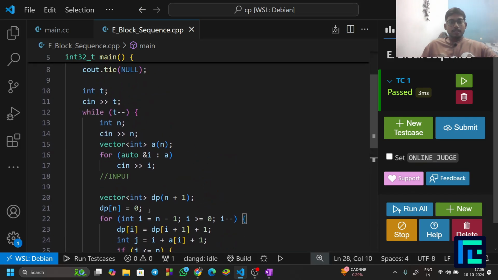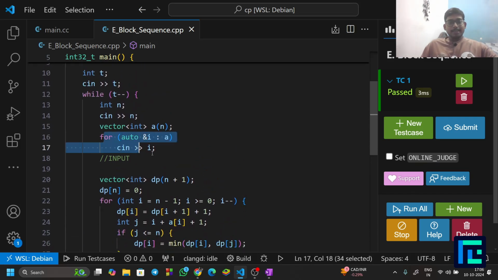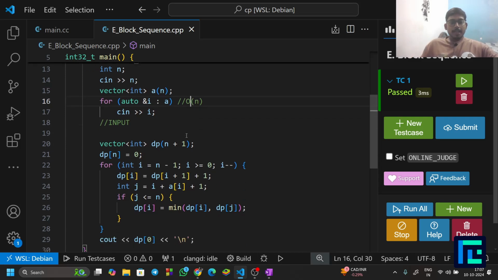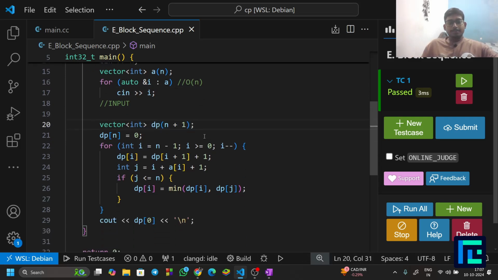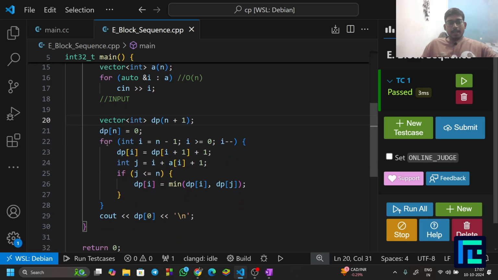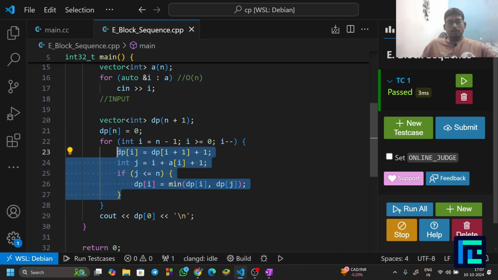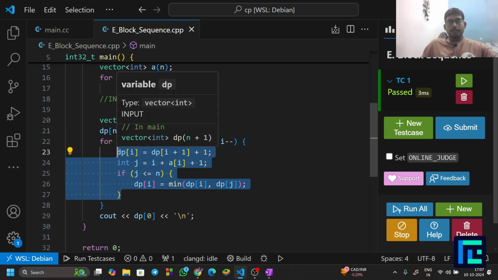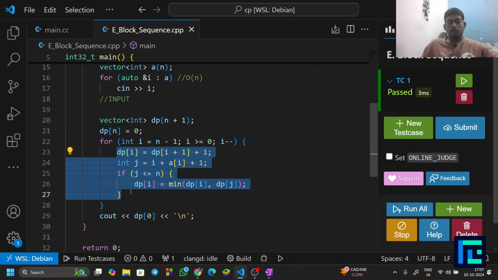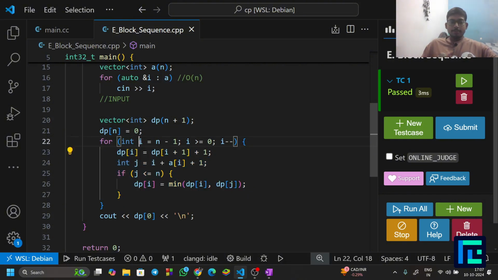If you look at the time complexity, taking the input takes order of n time, since there are n inputs. Then I'm initializing a dp vector of size n. The transitions are all simple constant time, order of 1 operations, and there are n states in total.